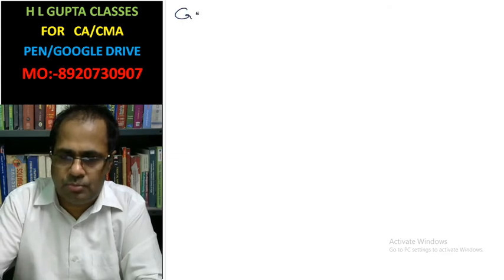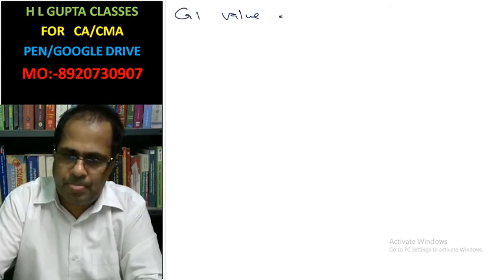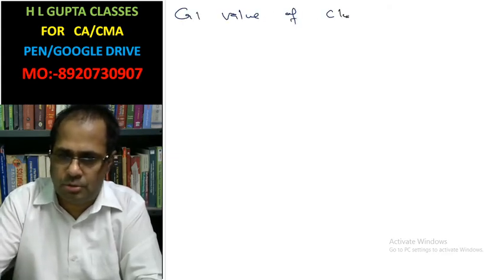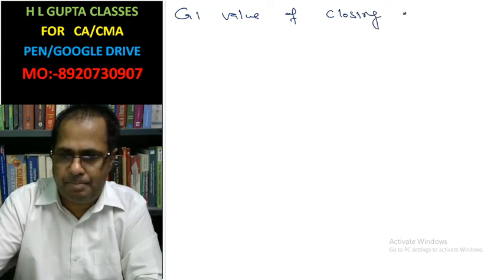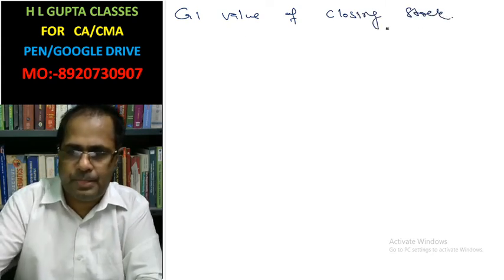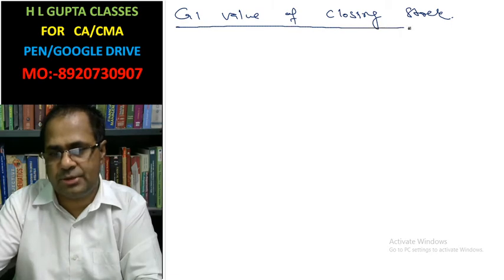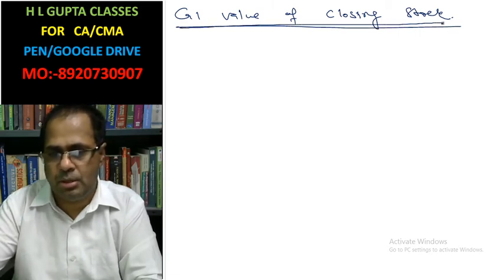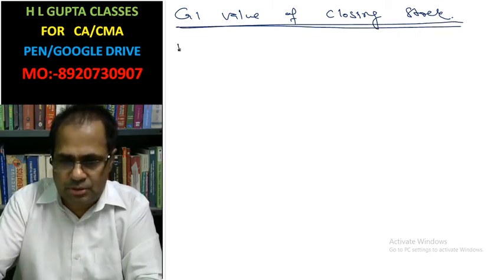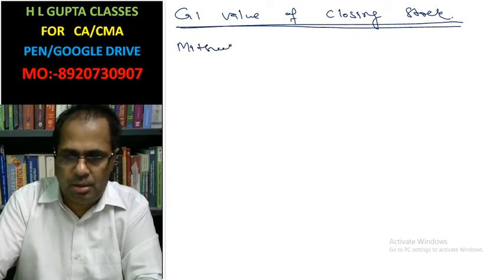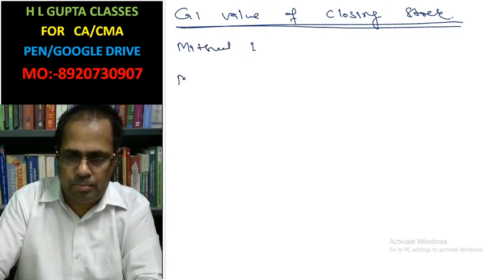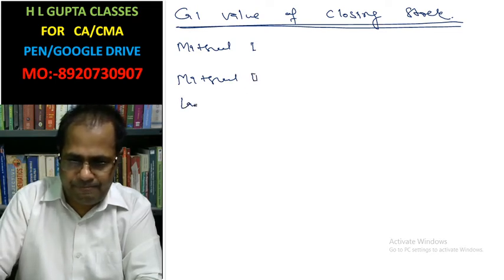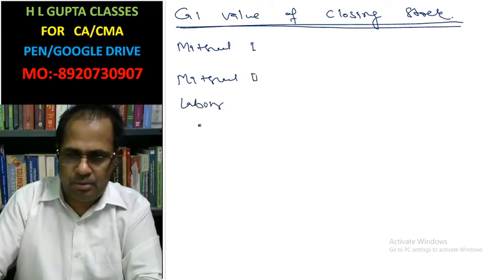Calculation of value of closing stock. Please try to understand this. In this case also you have to write material first, material second, labor, overheads.